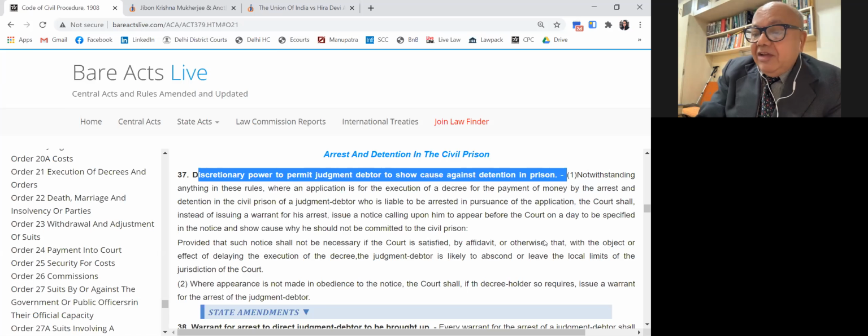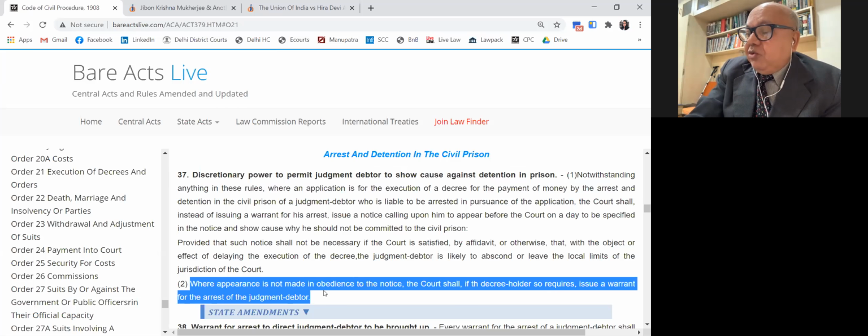So this is the language under 21/36 and last के अंदर subclause 2, check करें आप, where the court shall, if the decree holder so requires, issue a warrant for the arrest of the judgment debtor. This is one case where the court dispenses with the notice.